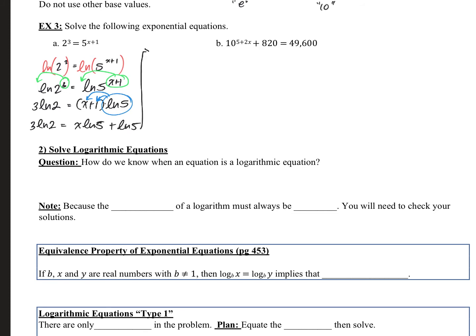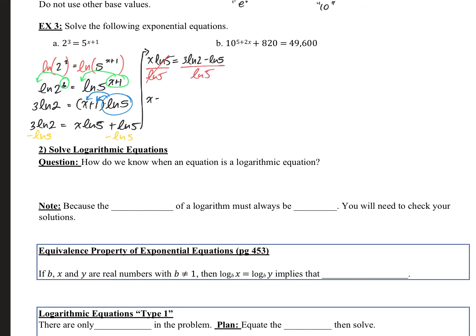Okay, continuing solving. I'm kind of running out of room. I'm going to go ahead and move that ln 5 to the other side, so I'll subtract that. And I will have x ln 5 equals, definitely running out of room, 3 ln 2 minus ln 5. Then to get x by itself, we'll divide both sides by ln 5.